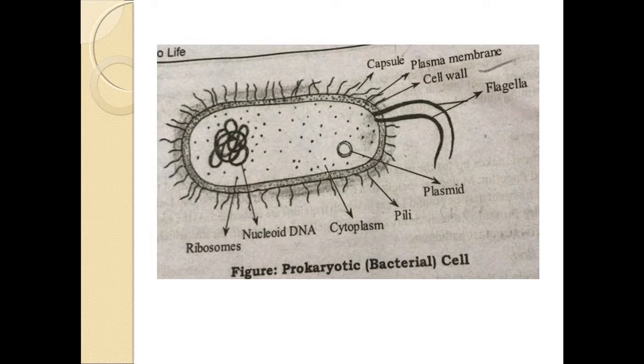Prokaryote is the term we usually use for the primitive cells which lack a membrane bound nucleus. The nucleus will not have a membrane. In the eukaryotic cell, we have seen the nucleus was surrounded by a layer.